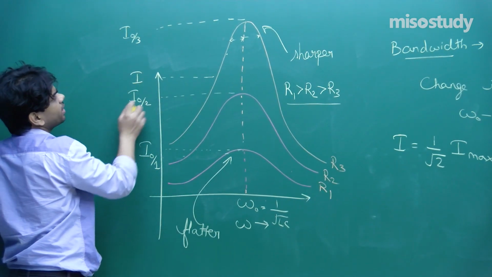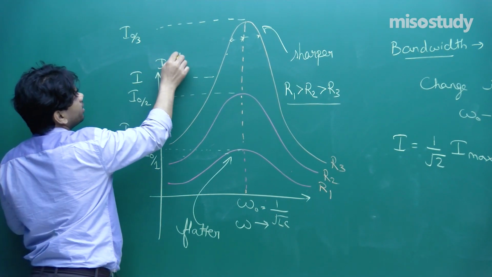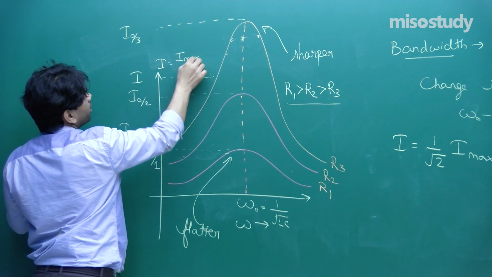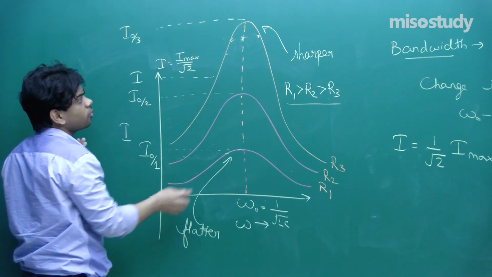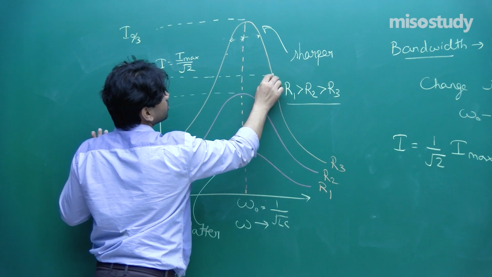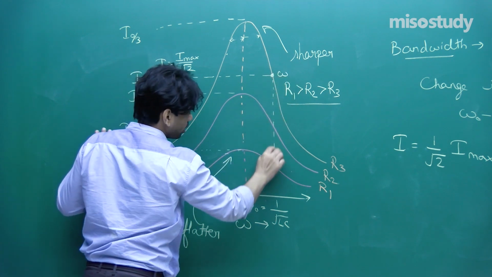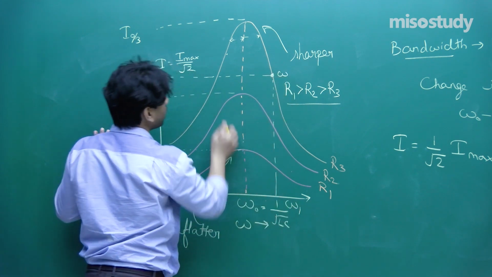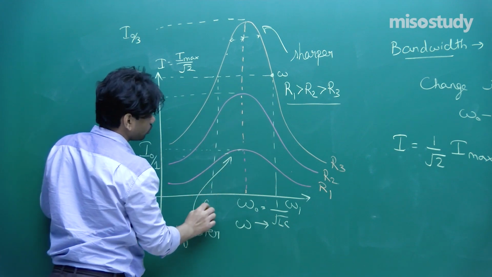This is the current I equal to I max divided by root 2. For this we will have two frequencies, omega 1 and omega 2.